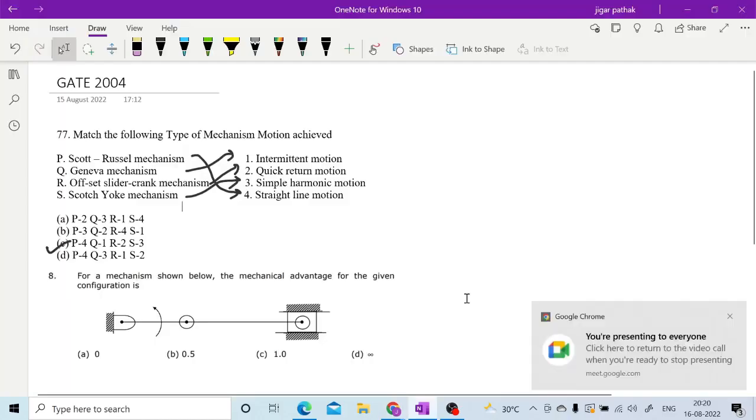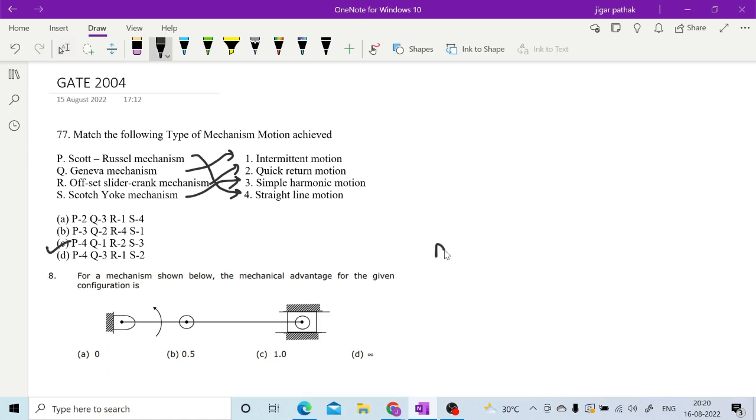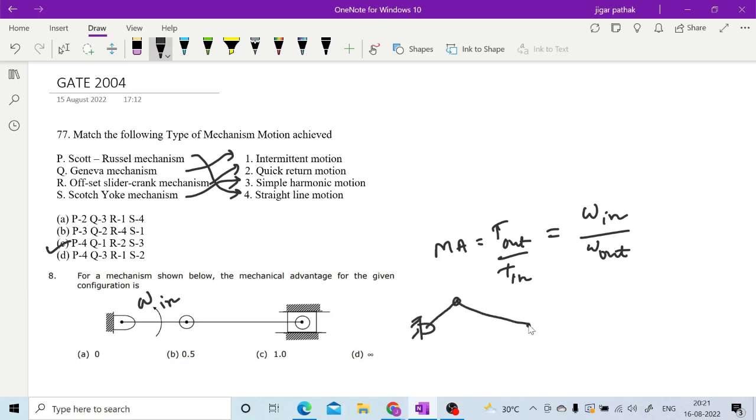Here, what they have asked is mechanical advantage. As we discussed, mechanical advantage will be equal to T output upon T input, which is equal to omega input upon omega output. Here you are having this kind of mechanism, and here you are having this slider.